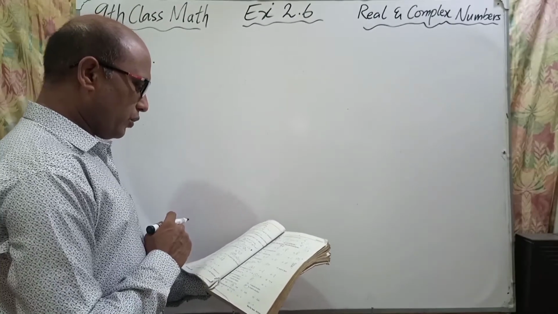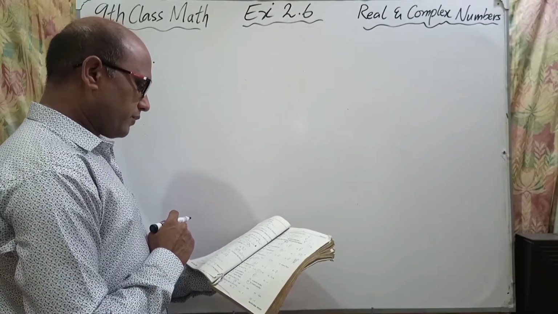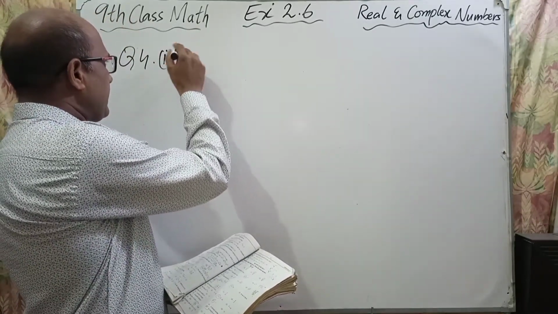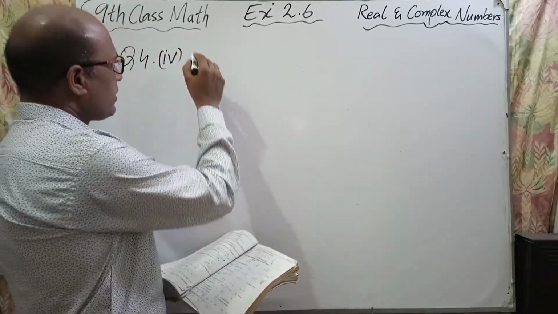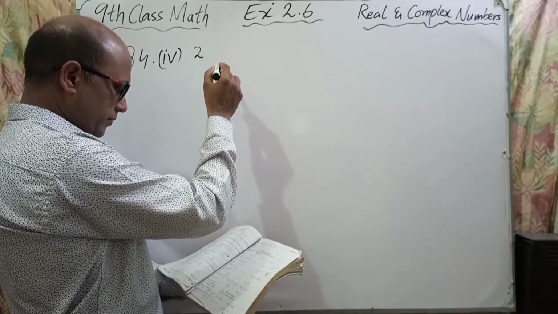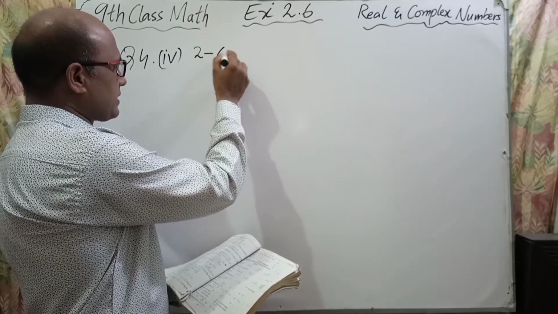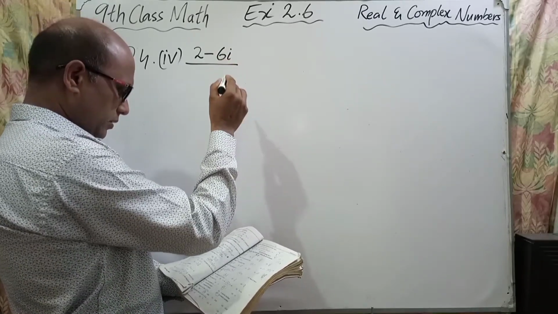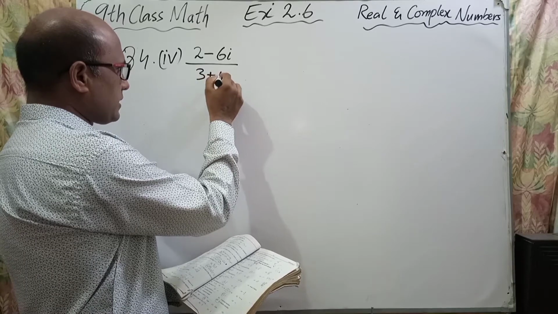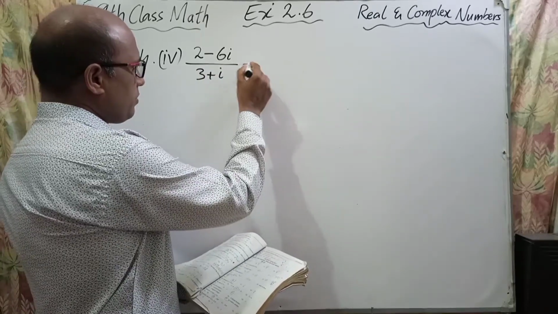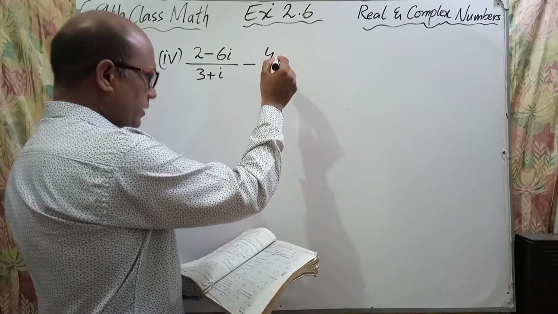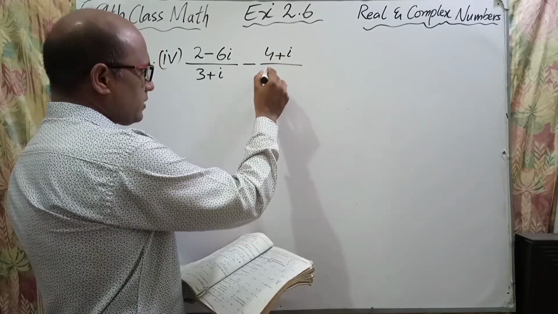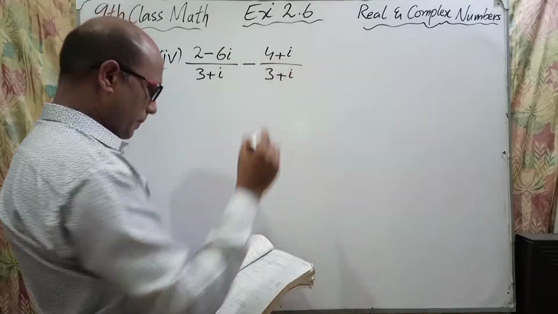In question number 4, we'll solve the fourth part. Students, in the fourth part, it is written (2 minus 6 iota) over (3 plus iota) minus (4 plus iota) over (3 plus iota).